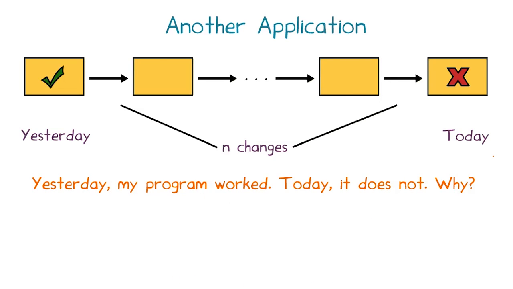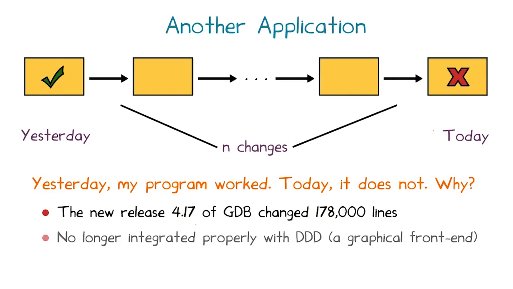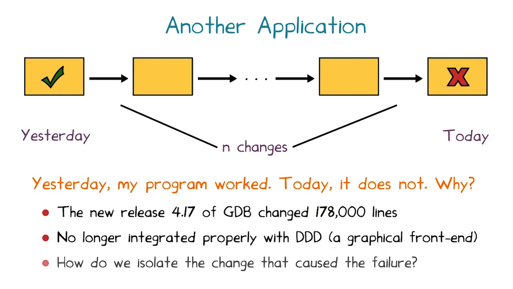For example, release 4.17 of GDB, the GNU debugger on Unix, changed 178,000 lines. After this release, GDB no longer integrated correctly with the Data Display Debugger, or DDD, a common graphical user interface for GDB. How should the GDB maintainers determine which change line or lines among those 178,000 lines is the culprit?